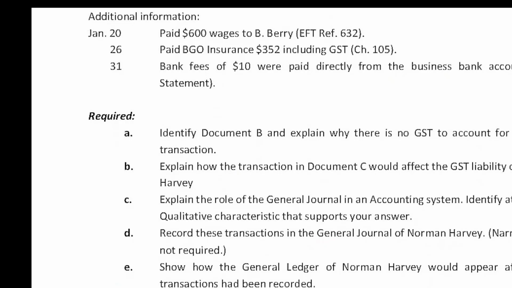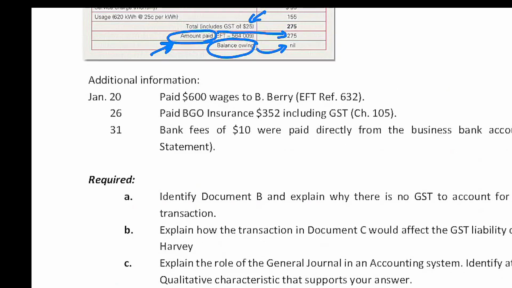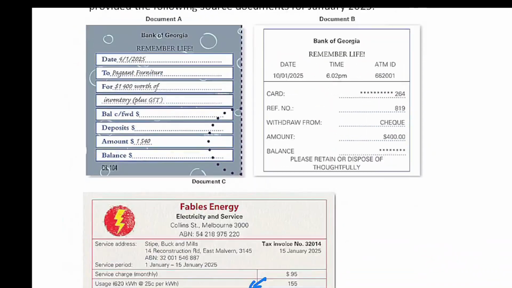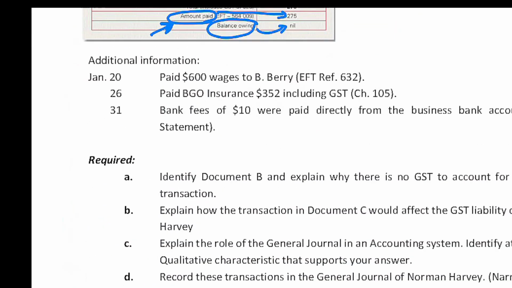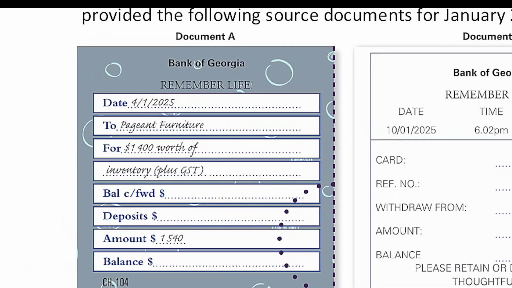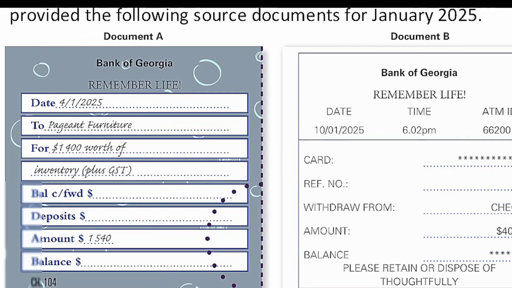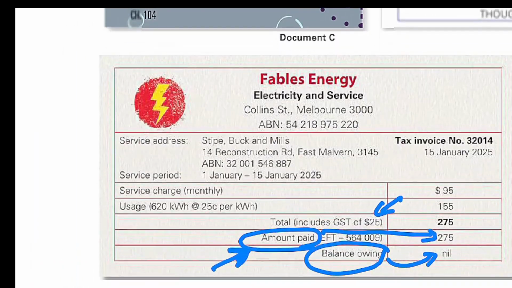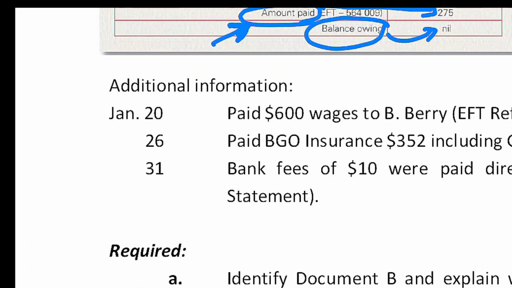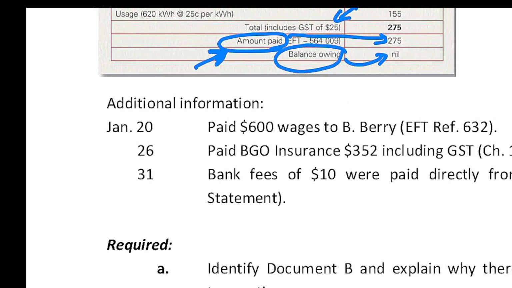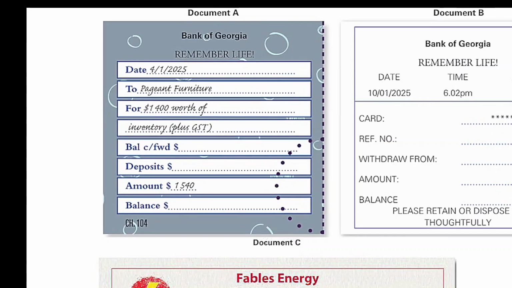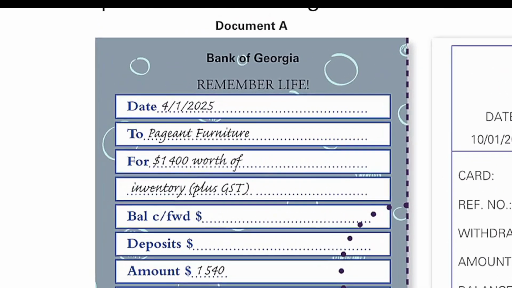Which transactions, guys? All of them. How many transactions are there? This one, 4th, 10th, 15th, and 3 more in the addition. We don't have to do all of them right now. We'll do some. The rest you'll have to try at home.